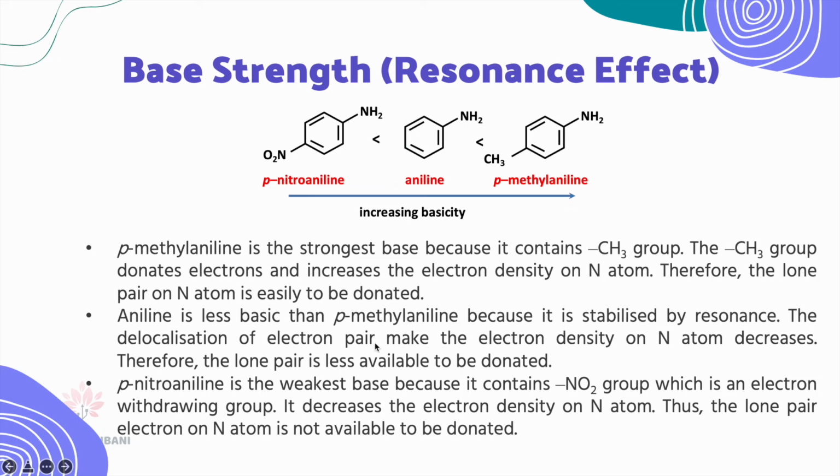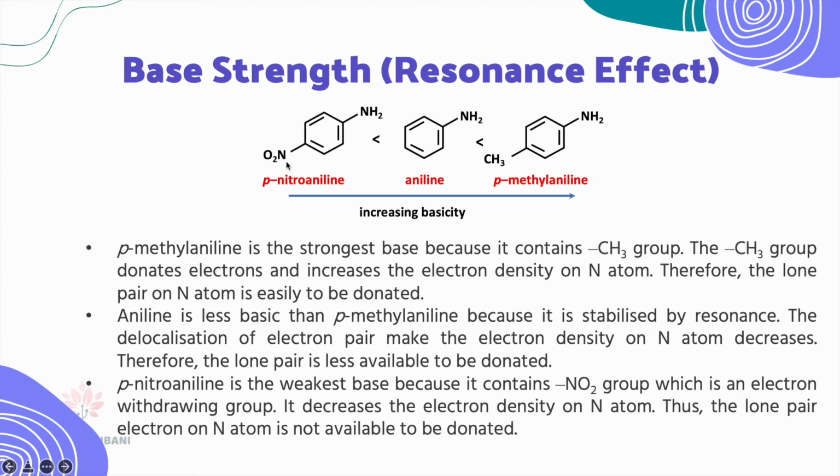The delocalization of the electron pair makes the electron density on the N atom decrease. So there is less electron density here because the lone pair can move around the ring. When the electron can move around the ring, with low electron density, it is harder to attack the H+, harder to donate the lone pair electron.